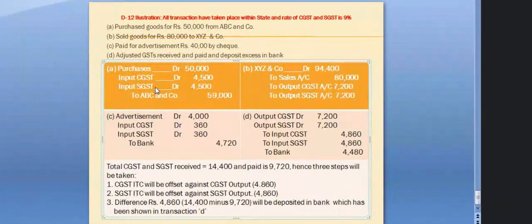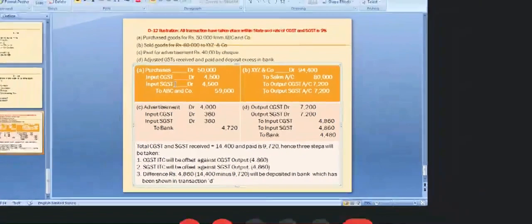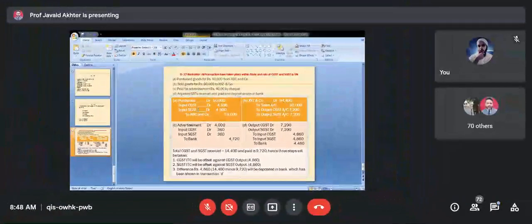Okay, on advertisement we are charging GST. On salary, why not? Because salary is taxable under the Income Tax Act. So the person who is receiving salary, it will be considered as his income and accordingly he will pay taxes.